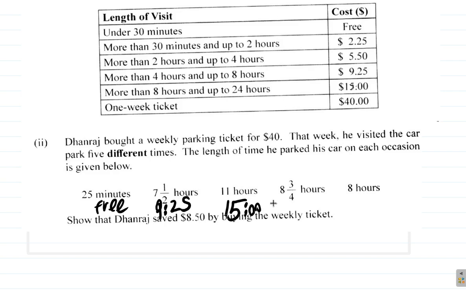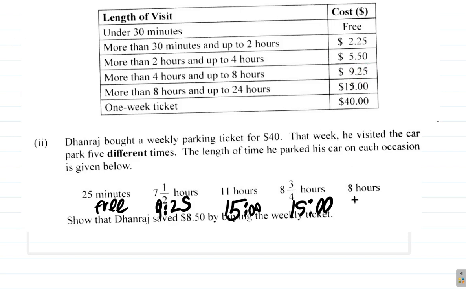Alright, $15.00 for this. 8 3/4 hours now. Well, he stayed more than 8 hours here. So we'd have to pay the $15 again. So that's $15. Alright. He stayed exactly 8 hours. Well, up to 8 hours he would have to pay $9.25 based on this part of the table.